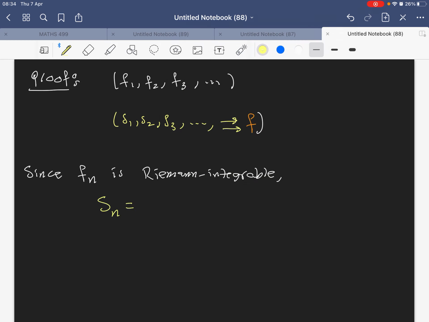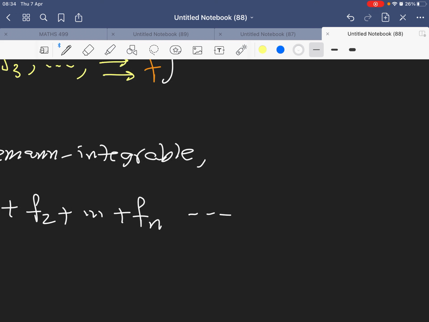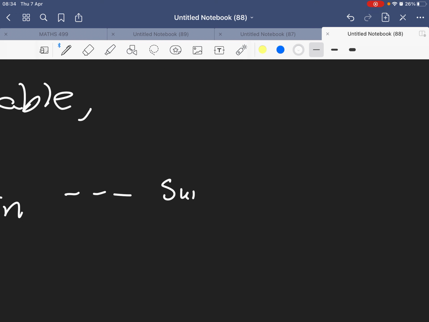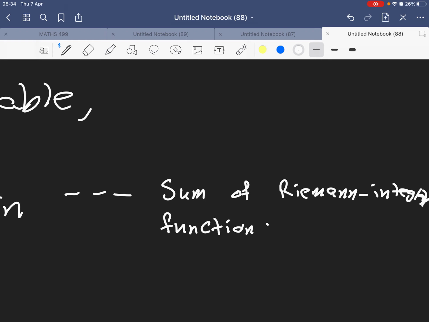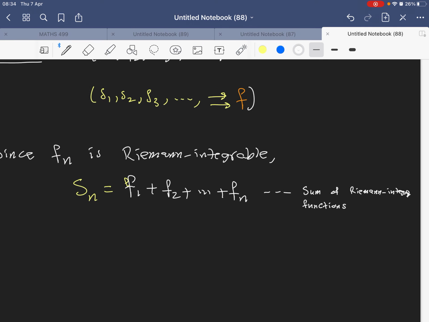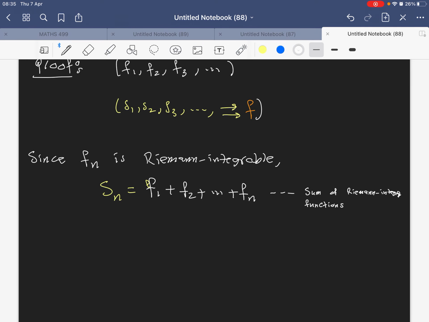Well, Sn is just the sum of f1, f2, and so on, which is the sum of Riemann integrable functions. Now, if you remember, we have seen this before. If we're adding Riemann integrable functions, the result is Riemann integrable.